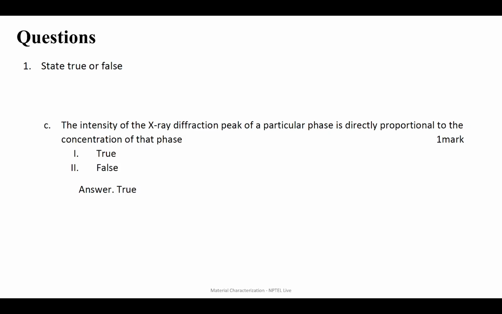So this is again true. We all studied the relation: I alpha is equal to K into C alpha by mu m. So the concentration and intensity are directly proportional.